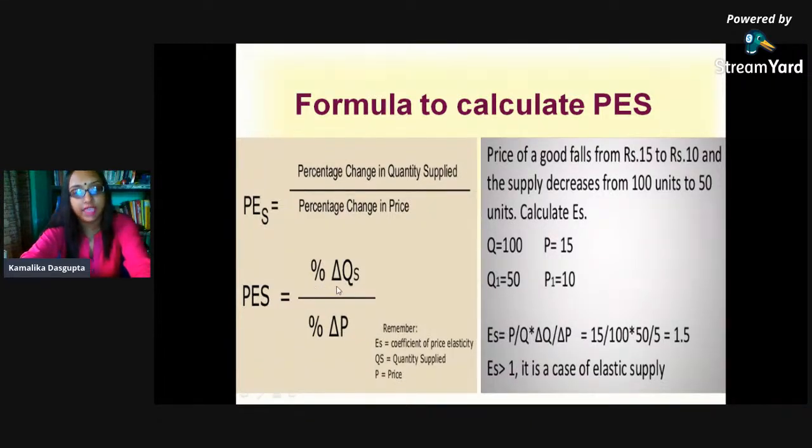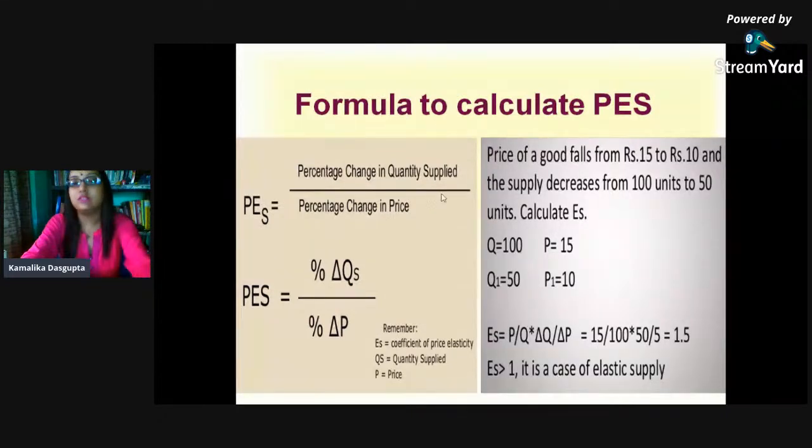Percentage change in quantity supplied, QS, divided by percentage change in P, price. You can write either of them in the formula: percentage delta QS divided by percentage delta P. If you don't want to write the long form, just write it in short. I'm sure you do understand the mathematical notations.